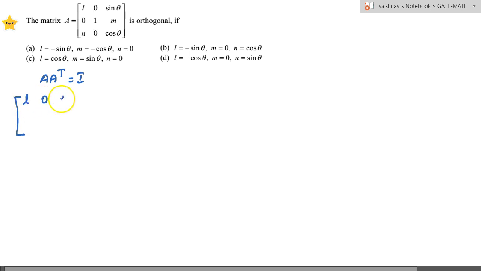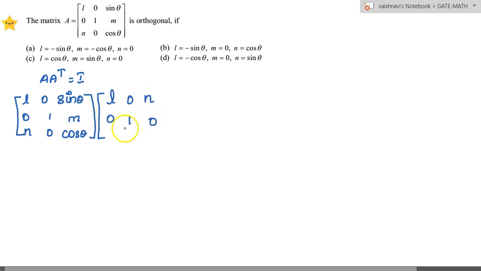A is [l, 0, sin theta; 0, 1, m; n, 0, cos theta]. Its transpose is [l, 0, n; 0, 1, 0; sin theta, m, cos theta]. This will be equal to I, which is [1, 0, 0; 0, 1, 0; 0, 0, 1].